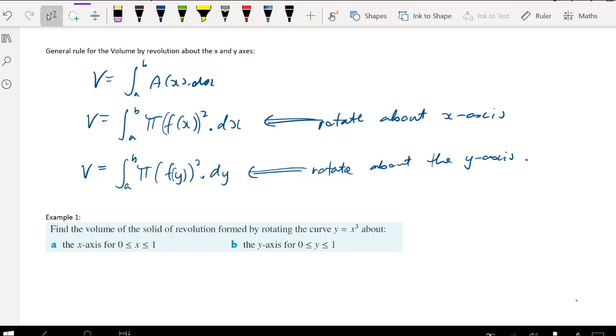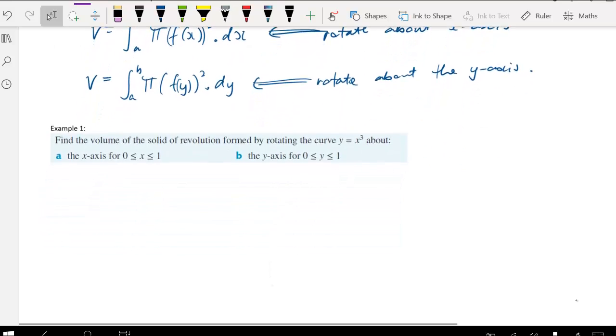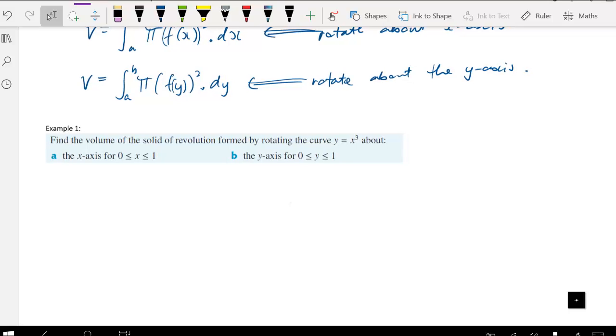Okay, so these are our base rules. We can move that pi in front, but this is basically what we're going to use to find our volume by rotation.